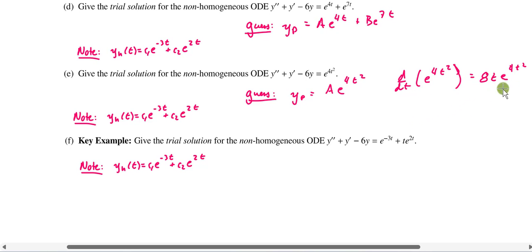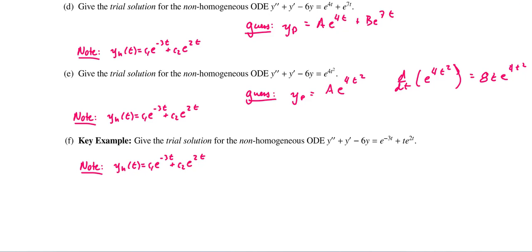But if I were to take the derivative of this, notice I'd have a product rule, and eventually I'll take the derivative of this factor right here, and I'll introduce another power of t down here. And so actually, the method of undetermined coefficients does not apply.